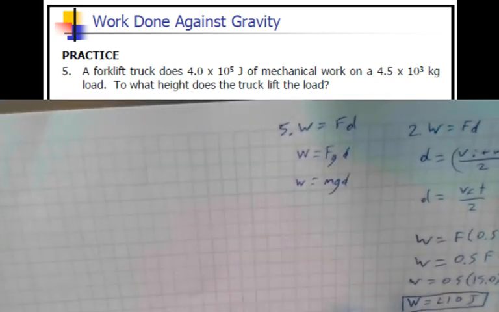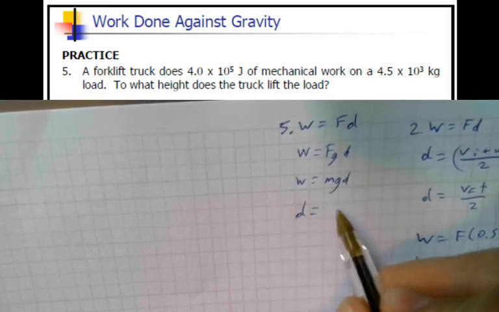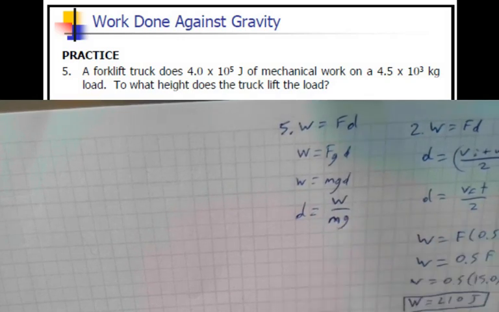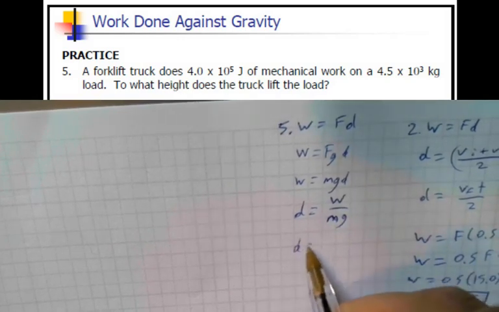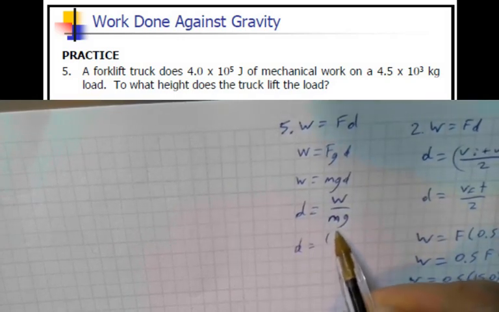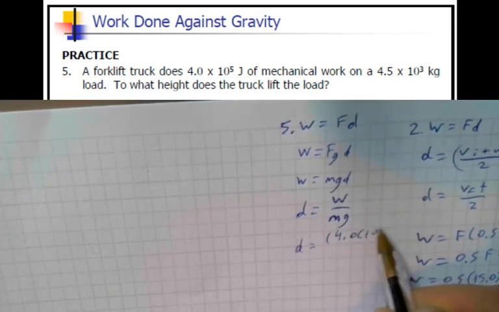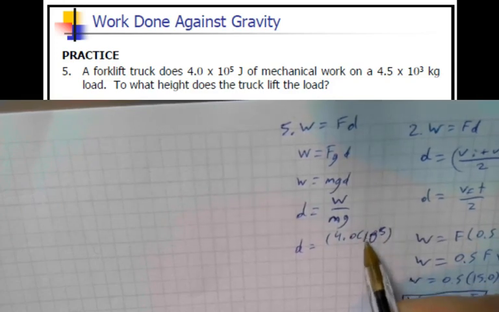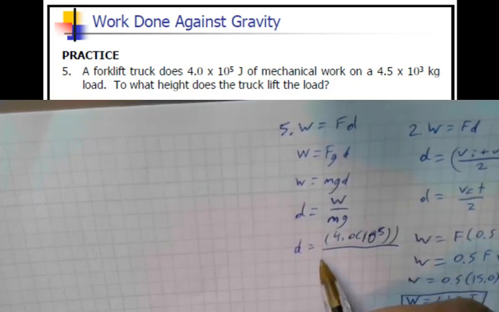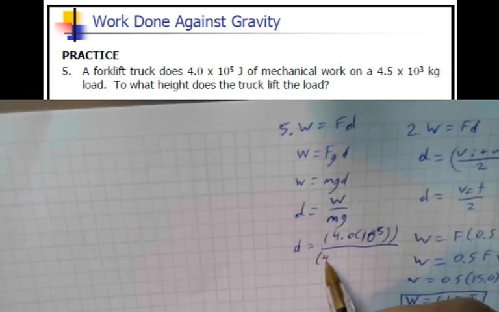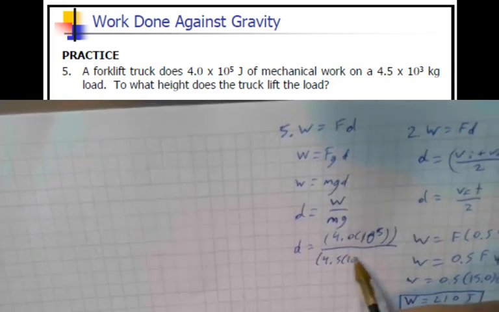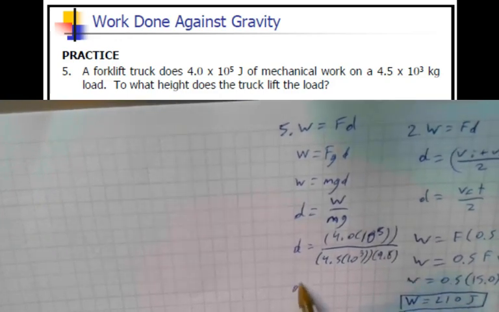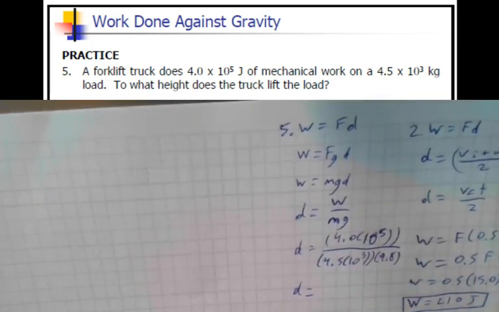And we need to find the displacement, so we would put D equals W over mg. And displacement equals, when we replace, 4.0 times 10 to the power of 5 over our m, which is 4.5 times 10 to the power of 3, and 9.8. So let's work this out.